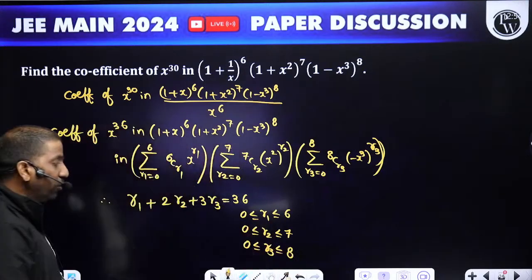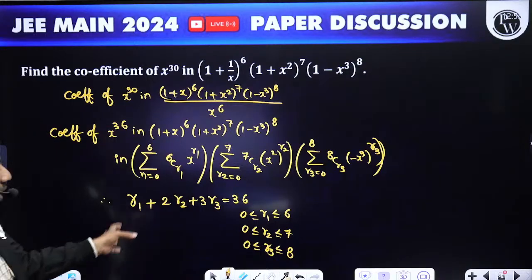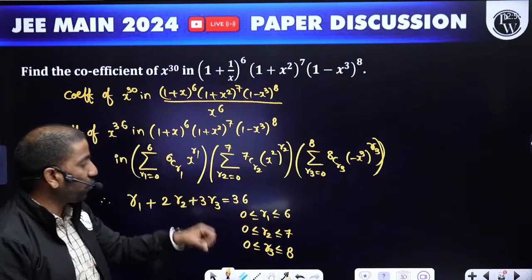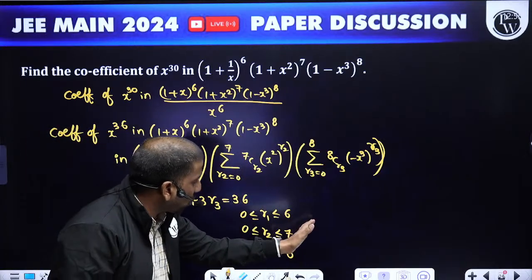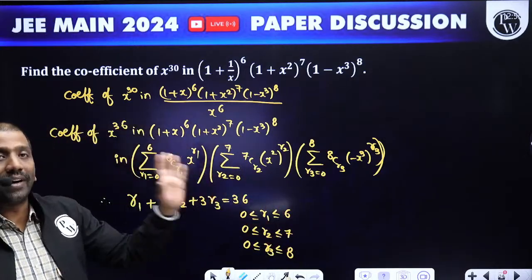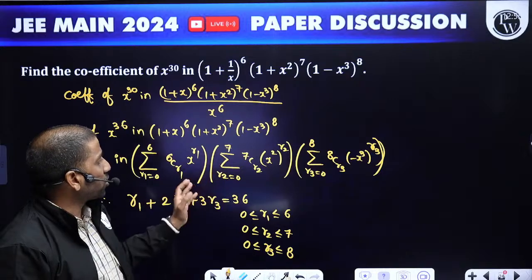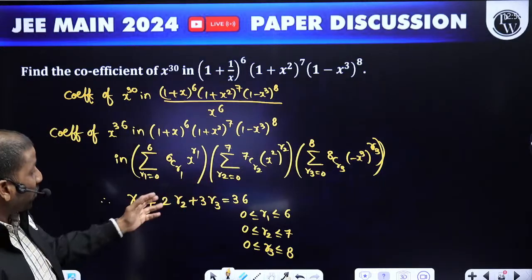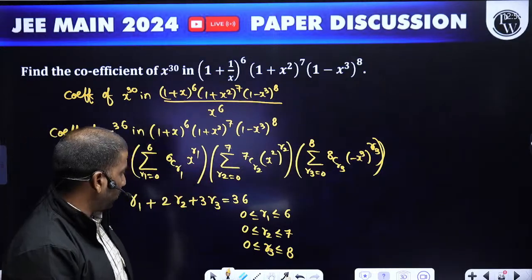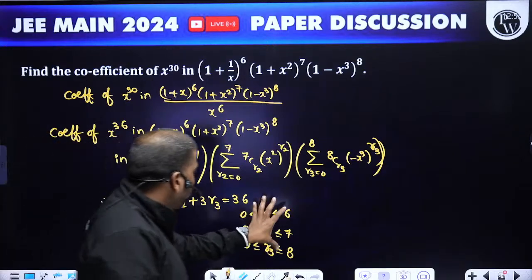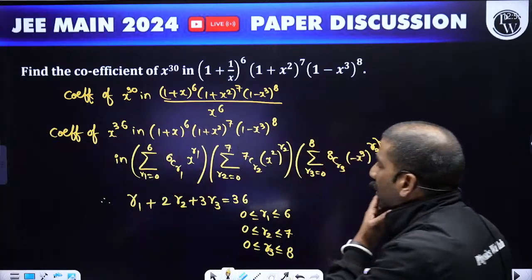Because of these individual limitations, we cannot apply any integral solution direct formula. If it is greater than or equal to 0, then we could apply directly, right? Or apply the cross coefficient method using the GP series. Because of these numbers, it becomes complicated.